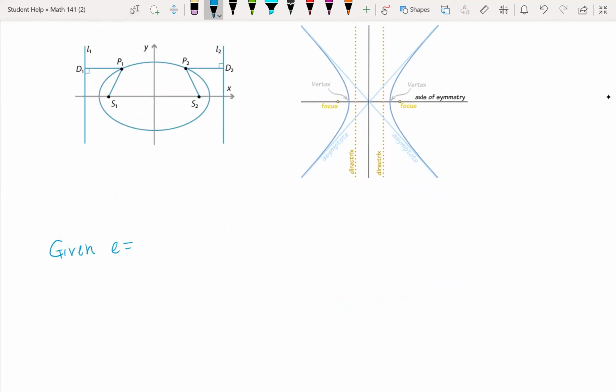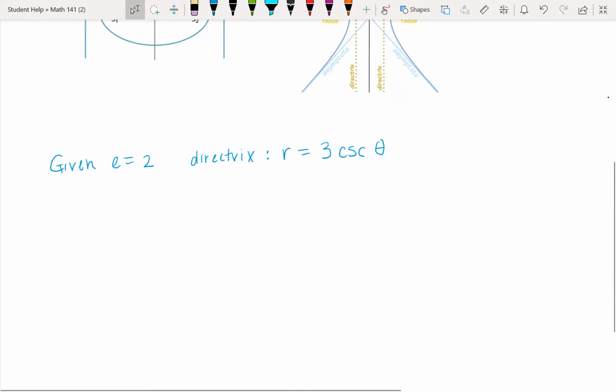All right, so let's say that we're given the eccentricity is equal to 2 and the directrix is the line r equals 3 cosecant theta. Well, first thing we know is that because this has eccentricity of 2, it's going to be a hyperbola. And we can rewrite the directrix in a format we're more used to seeing. We want to put it in terms of sine and cosine, right?